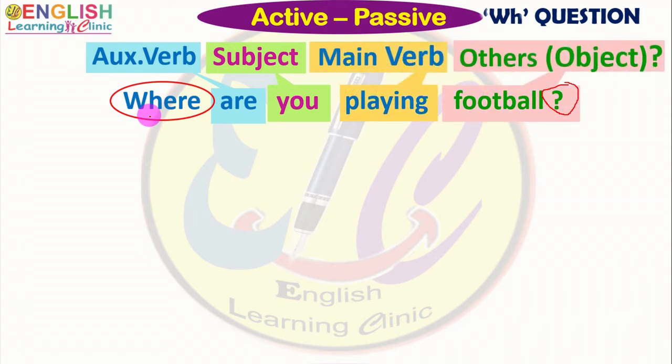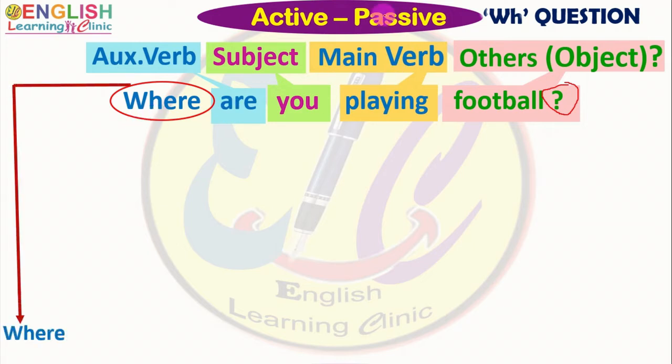So, first put aside this WH word, and next look at the structure. This is a similar structure, and this structure is quite similar to a yes/no question. So, use the same procedure that you have already learned just a few minutes ago, how to change the voice of the verb in a yes/no question.